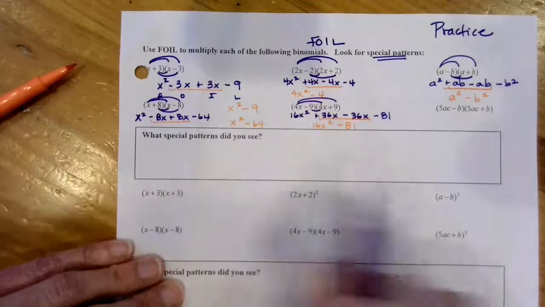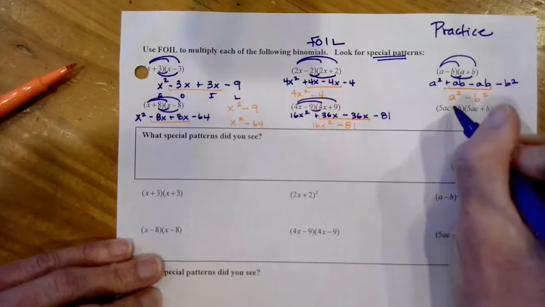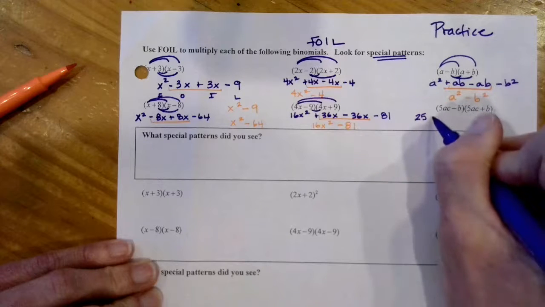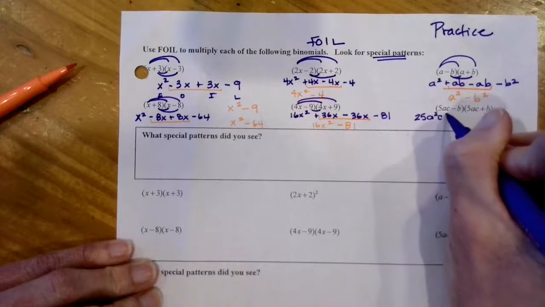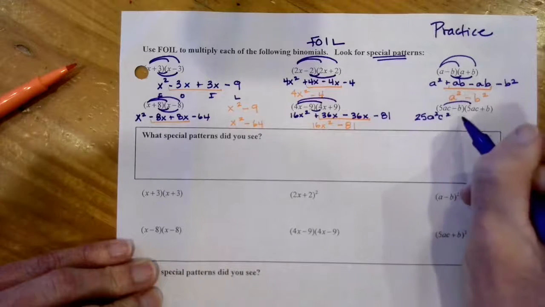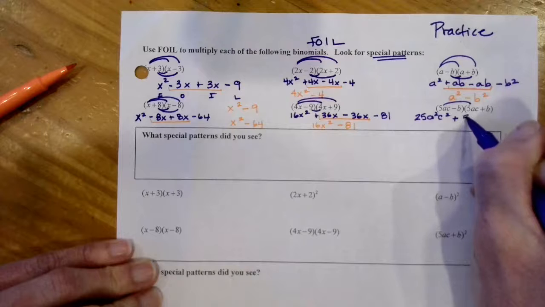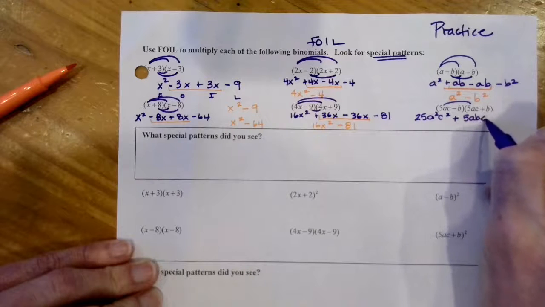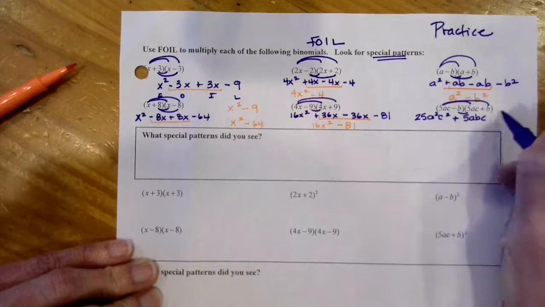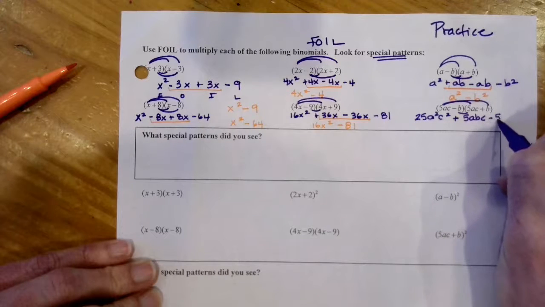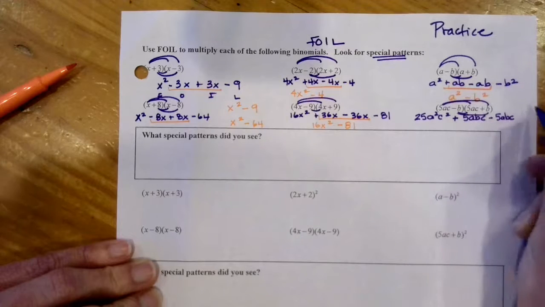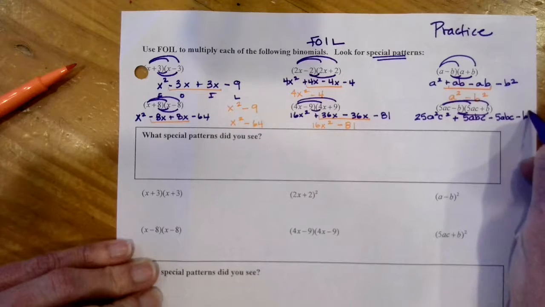And it doesn't matter how many variables I have. So 5 times 5 is 25, a squared, c squared. And then we're going to have plus 5abc is my outside product. My inside product is minus 5abc, and my last product is minus b squared.